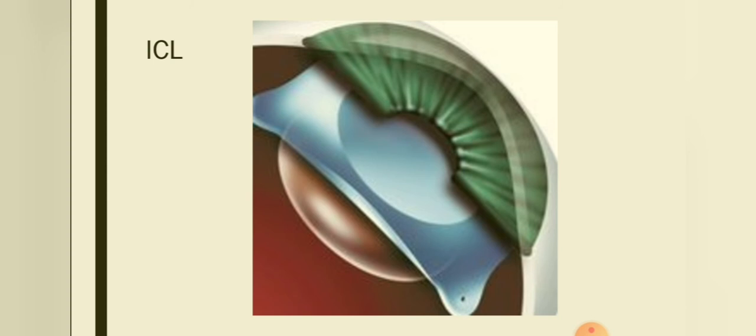This ICL is far better than LASIK. LASIK has some limitation, that LASIK can correct refractive error up to 7 to 8 diopter hardly, but ICL implantation can correct refractive error up to 18 diopter. So it has become very popular.